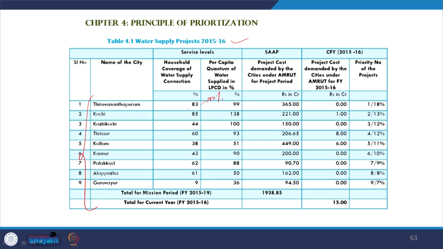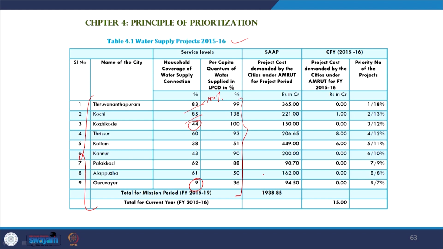So, they identify the household coverage of water supply connection. The status was 83 and 85, 44 we see here, and Guruvayur we see as low as 9%.